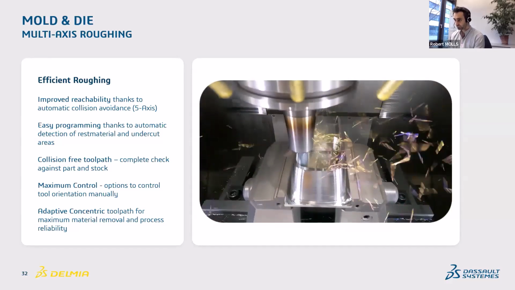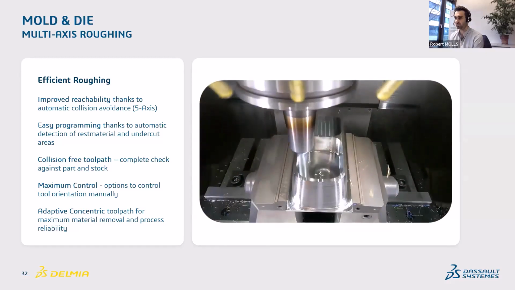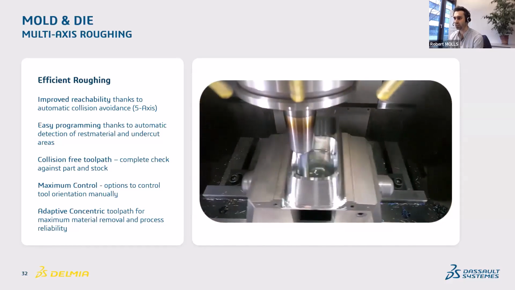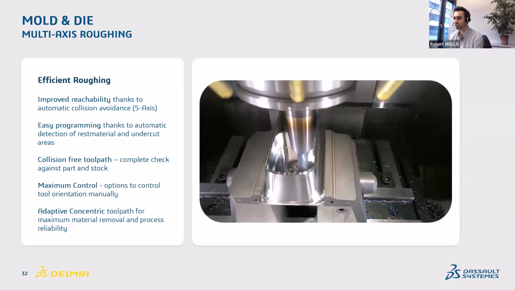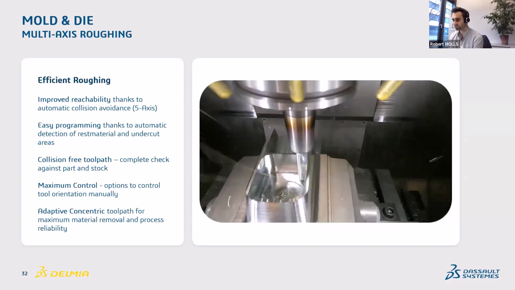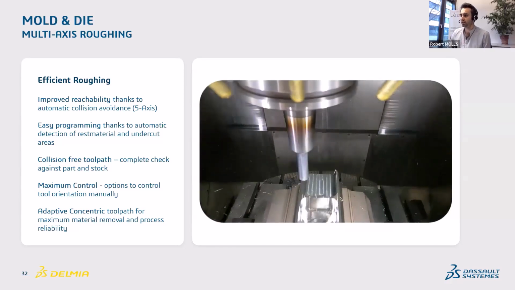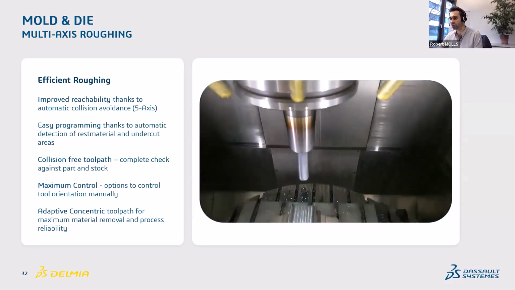And of course, the toolpath type that we see here is adaptive concentric. So with that, we really can maximize material removal and at the same time increase process reliability. And all this is done in 3-axis as well as in 5-axis where needed to machine undercut areas or difficult to reach areas.